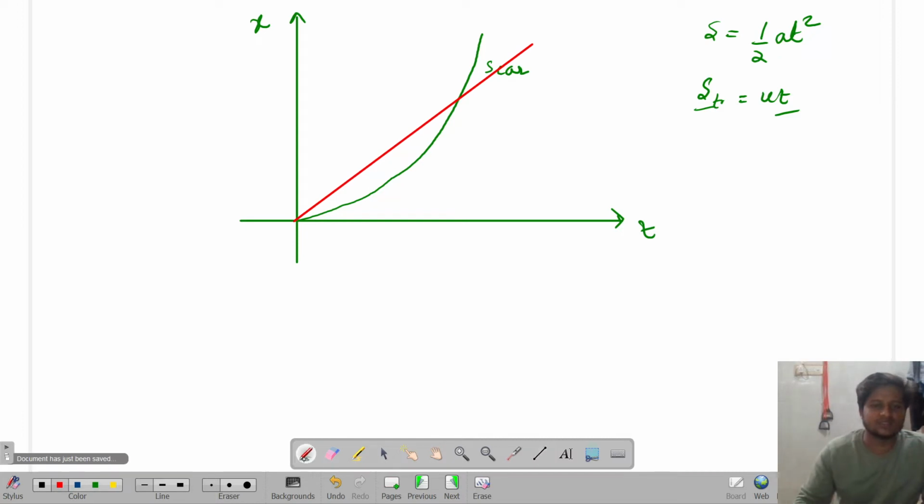So this intersection, try to see this. This point of intersection, it is happening at which point?